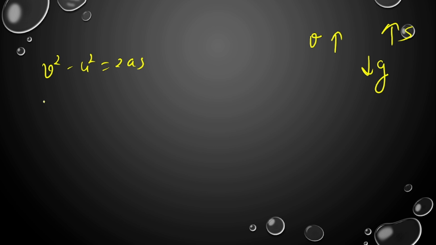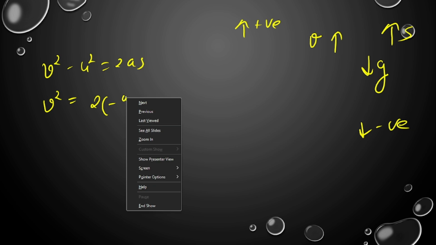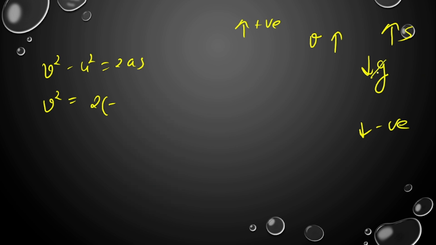Taking upward as positive, downward as negative, the acceleration is upward, g by 3, and the displacement is 15 meter. 3 5s are 15, so v square equals 2 into 10 into 5.